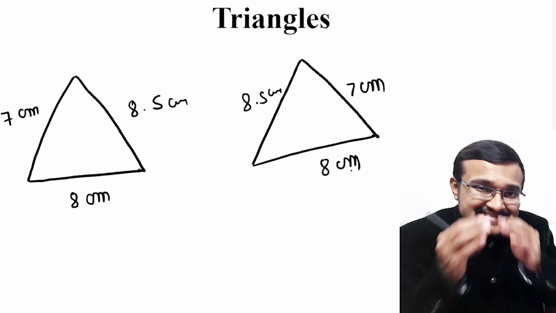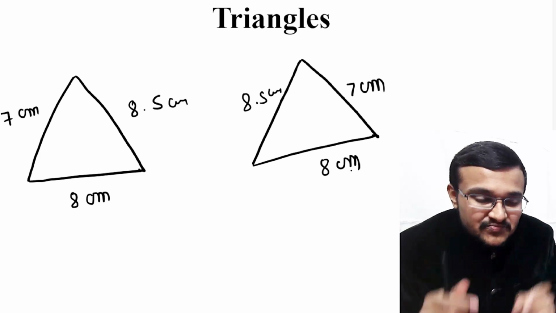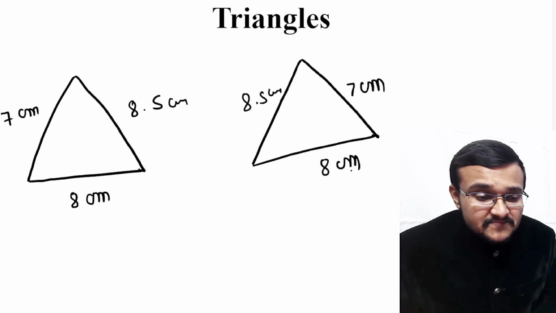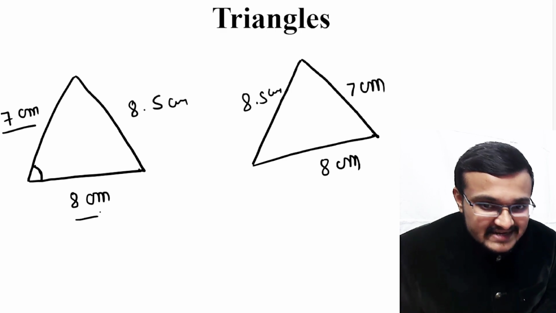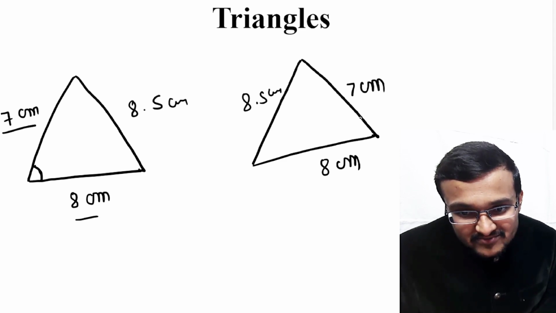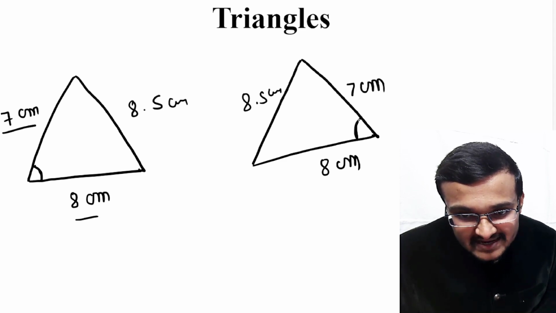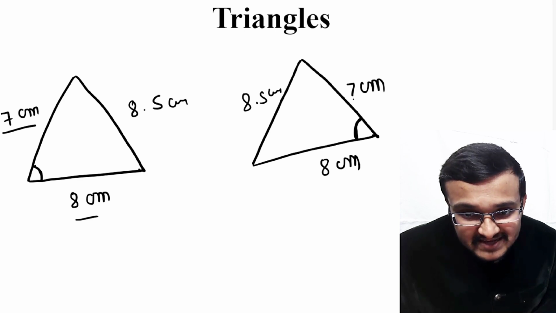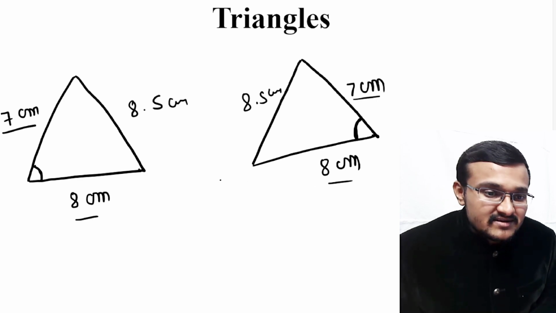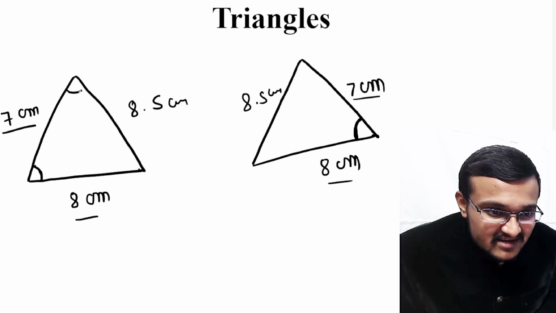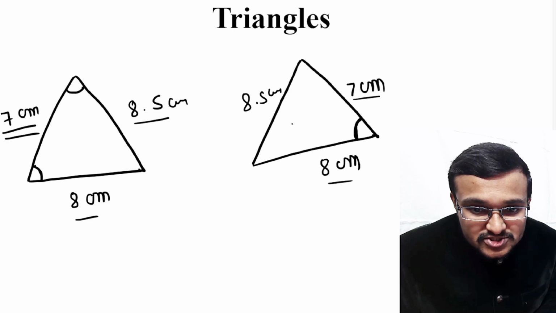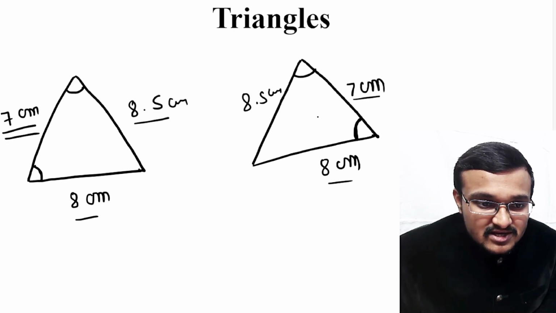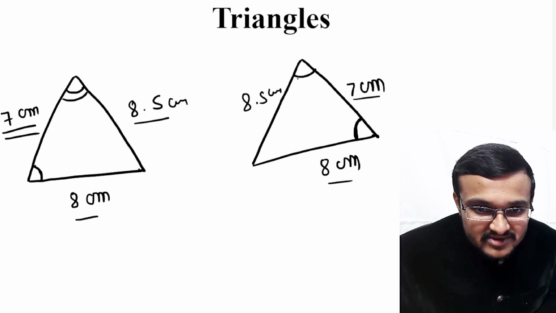If you draw two triangles exactly like this, take a protractor and measure the angle between the 7 centimeter and 8 centimeter sides. It will be exactly equal to the angle between the 7 centimeter and 8 centimeter sides of the other triangle. Now measure the angle between 7 centimeter and 8.5 centimeter in both triangles; these two angles will be equal.